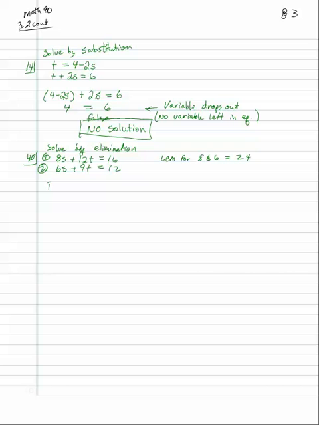I want to take equation 1 and get a 24 here, and in equation 2 get negative 24 here. For equation 1, 8 times what is 24? Hopefully you said 3. So you multiply everything by 3 in equation 1. Then in equation 2, you want negative 24 so they cancel. So that's times negative 4. You multiply everything by negative 4.